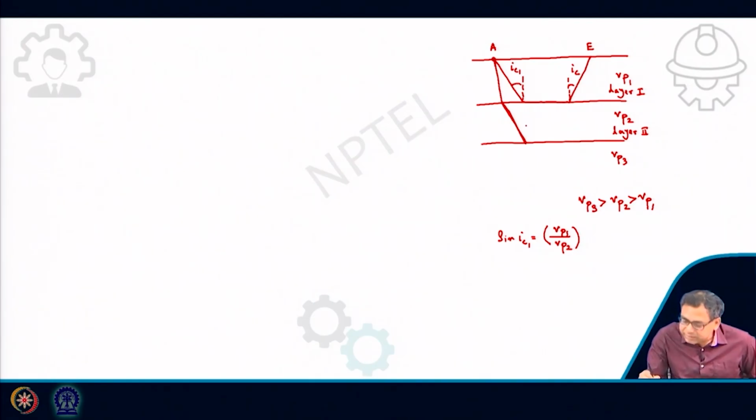Now, this is the critical angle IC2, the critical angle between layer 2 and 3.